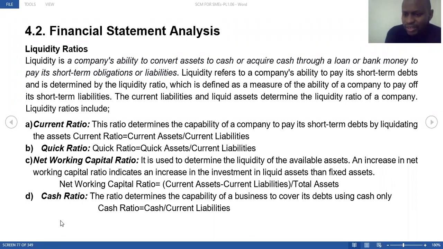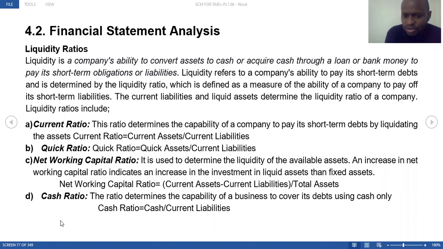So when you see an increase in current assets, then it means we have an increase in liquid assets vis-a-vis the fixed assets. And when you are calculating the net working ratio, you are calculating the current assets minus the current liability divided by the total assets.